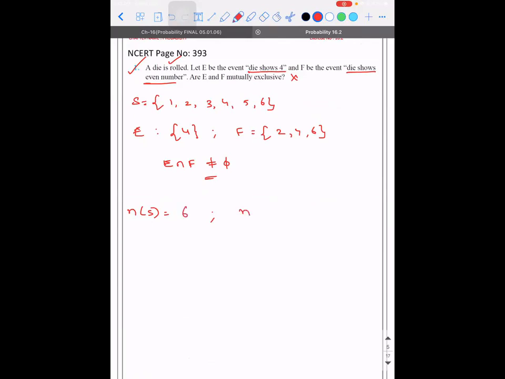Now, the event E is defined as the die shows a 4. Is it a simple event or a compound one? Simple. So what is the probability of E to occur? N of E by N of S. 1 by 6.